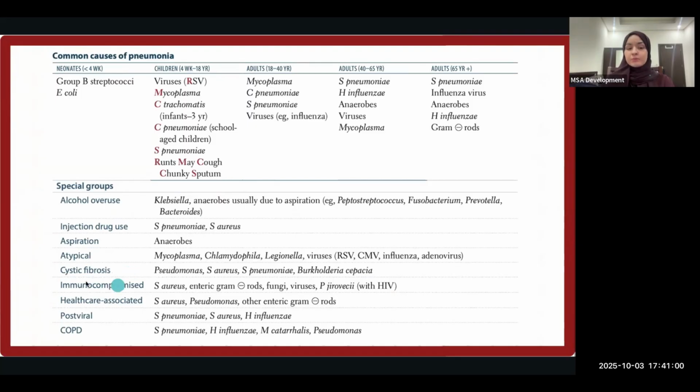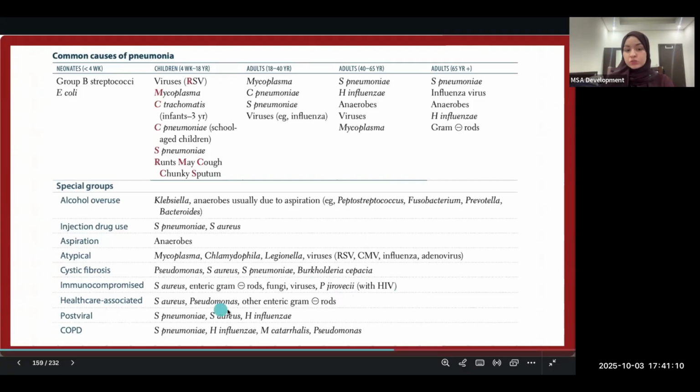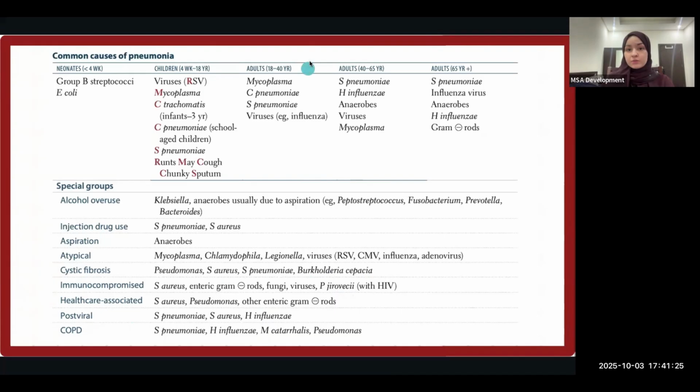For immunocompromised, we mentioned Pneumocystis jirovecii associated with HIV. And post-viral, Staph aureus is very common. COPD, Haemophilus influenzae, very common. So don't focus on everything here, just the important things, and if you need it.